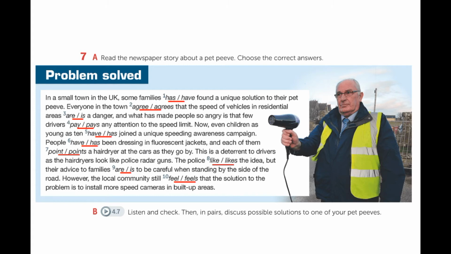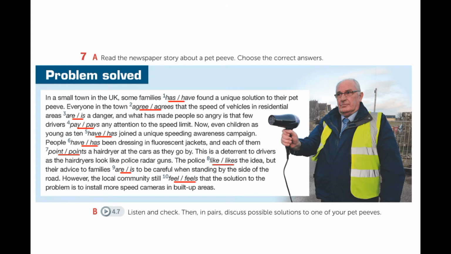In a small town in the UK, some families have found a unique solution to their pet peeve. Everyone in the town agrees that the speed of vehicles in residential areas is a danger. And what has made people so angry is that few drivers pay any attention to the speed limit. Now, even children as young as 10 have joined a unique speeding awareness campaign.